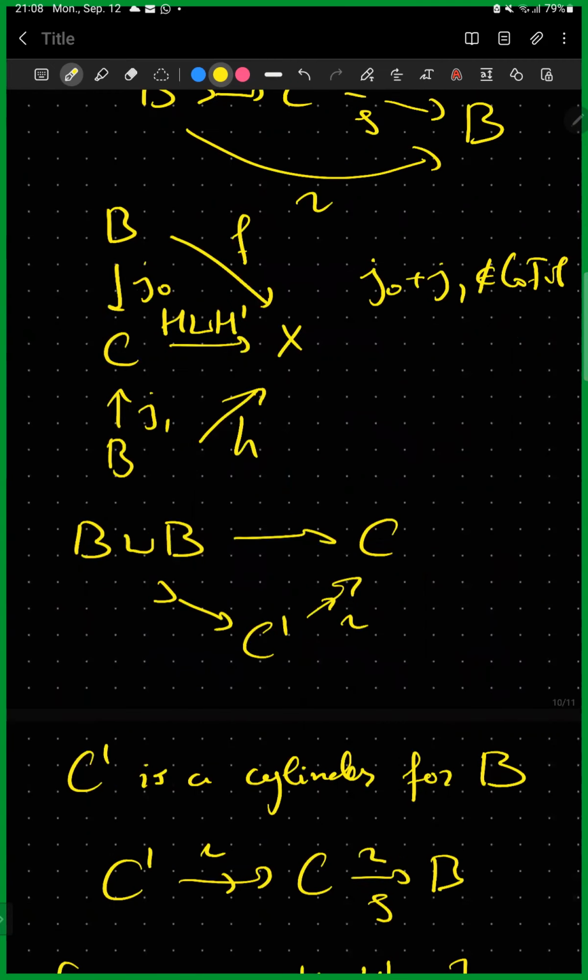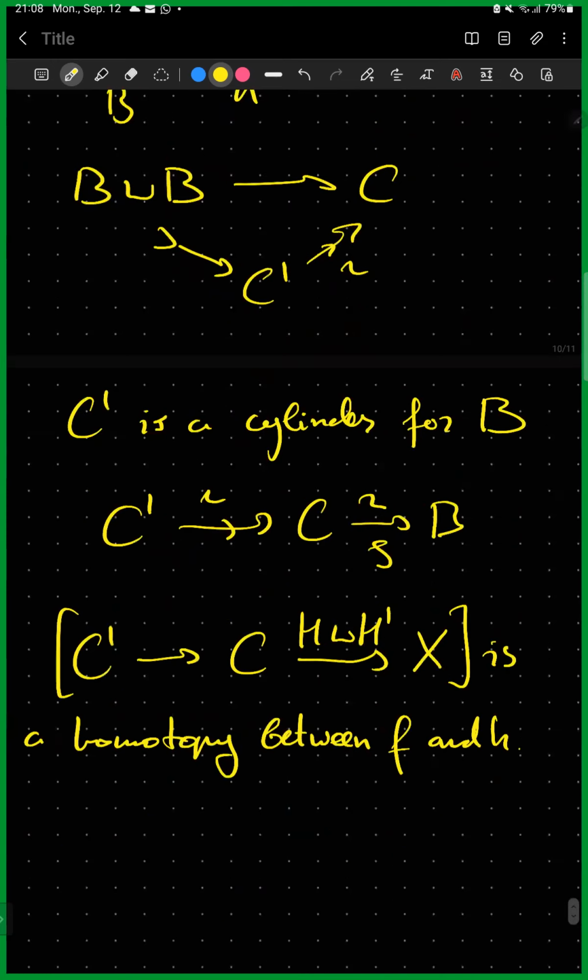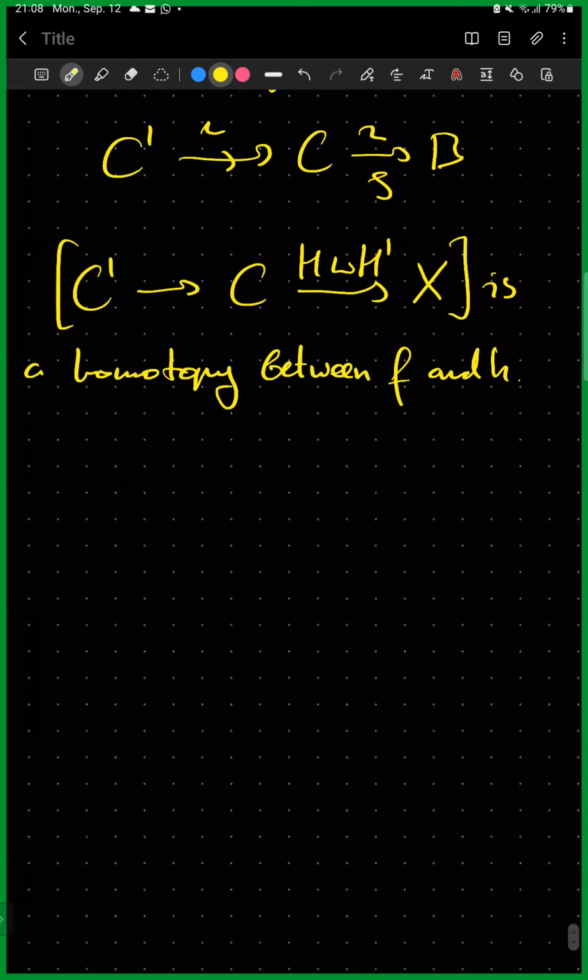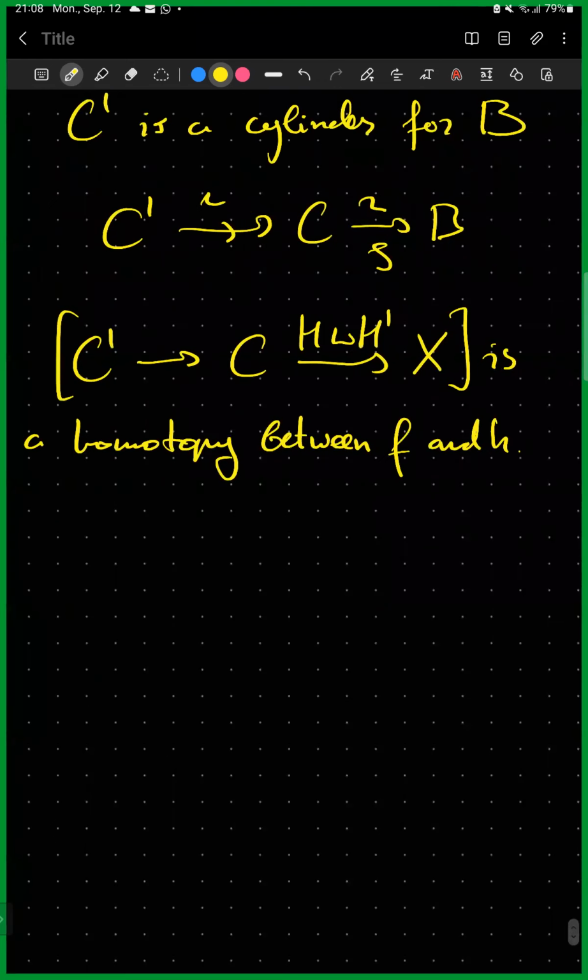Okay, so, well, we've proven the third part of the theorem, and now I will make a short intermission to talk about Ken Brown's lemma.